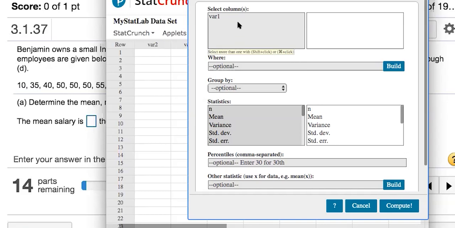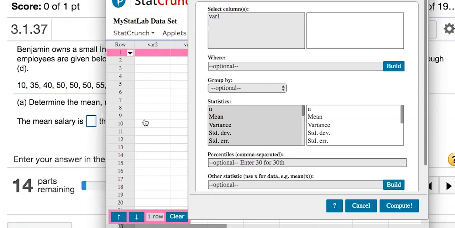Variable 1, if you click on the rows and click to the left. Just click on a cell and press the left arrow. Okay.